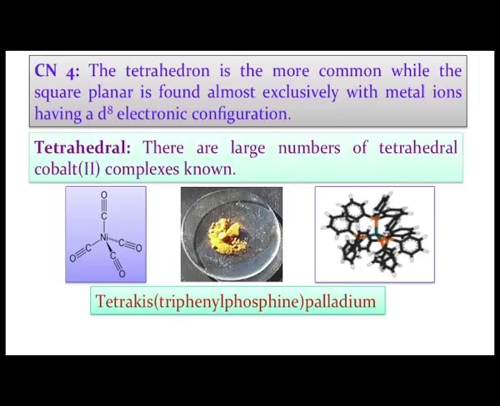So, you will have basically 4 umbrellas, and each triphenyl phosphine has 3 phenyl rings. So, 3 into 4, 12 phenyl rings are surrounding this particular center, which is basically entrapped within a very good organic moiety, which is connected through the phosphorus atom.